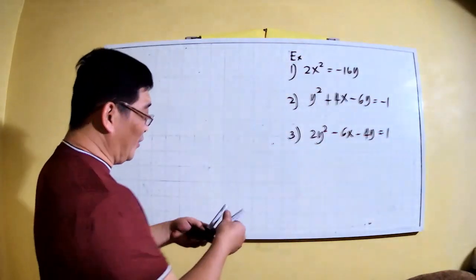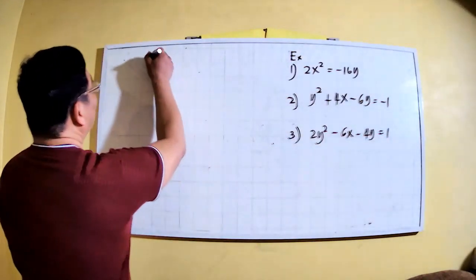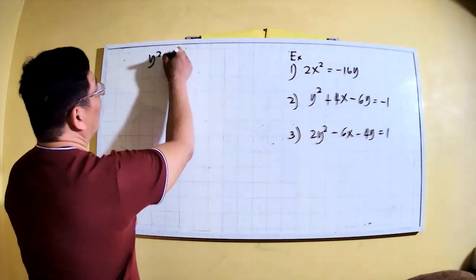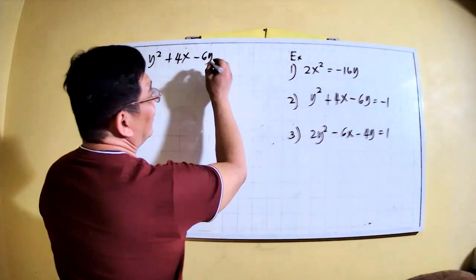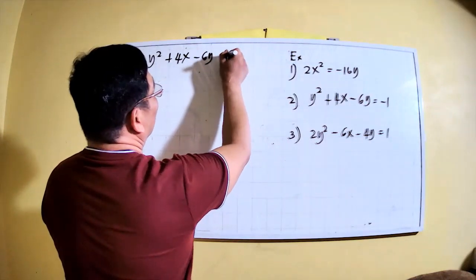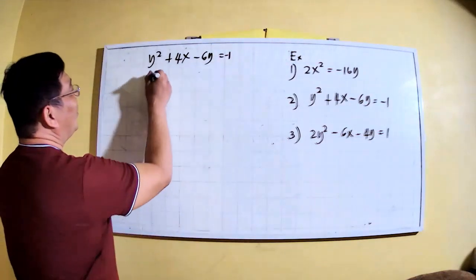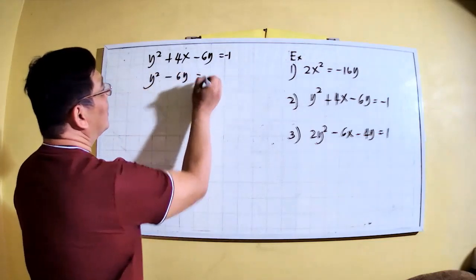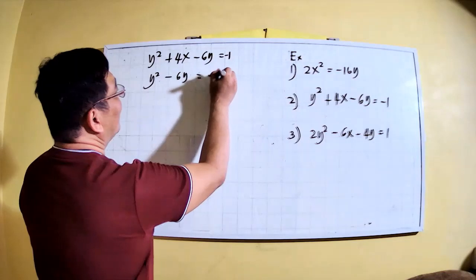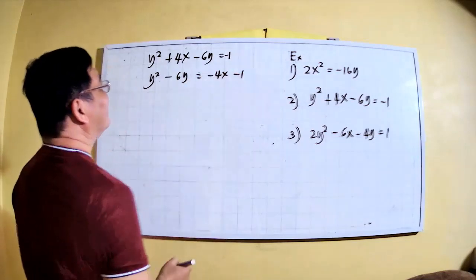So, i-rewrite natin: y squared minus 6y is equals to negative 4x minus 1.